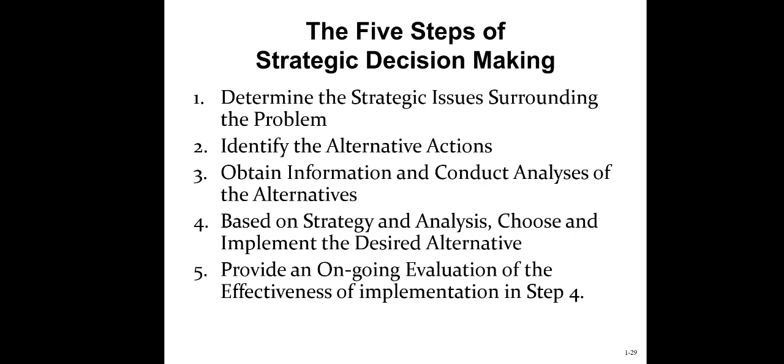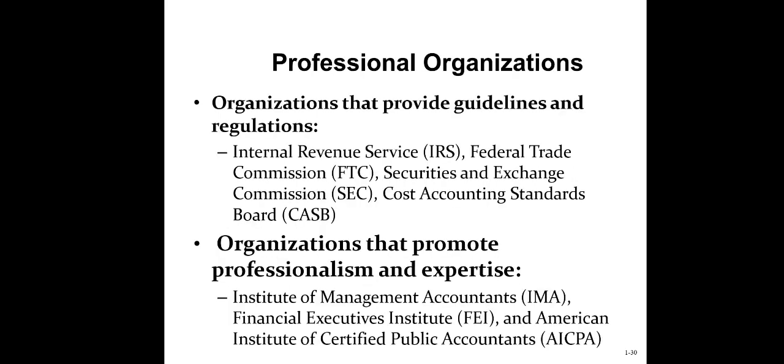After that, based on the strategy and analysis, choose and implement the desired alternative. After you have analyzed each alternative, you choose the best one. And then number 5, provide an ongoing evaluation of the effectiveness of implementation in step 4. So you just evaluate the decision from time to time to improve the situation.